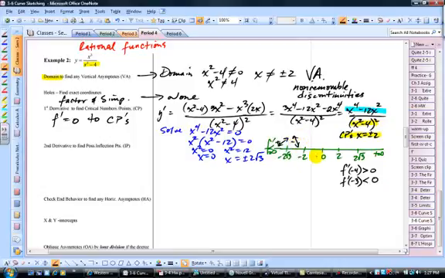And then you pick something in between 0 and negative 2, like negative 1, f prime of negative 1. You substitute it into the function, you get 1 minus 12 times 1, and that's negative. So since that's negative, it's decreasing in that interval too. And if you substitute 1 in there, it's also going to be negative. So f prime of 1 is also going to be negative.